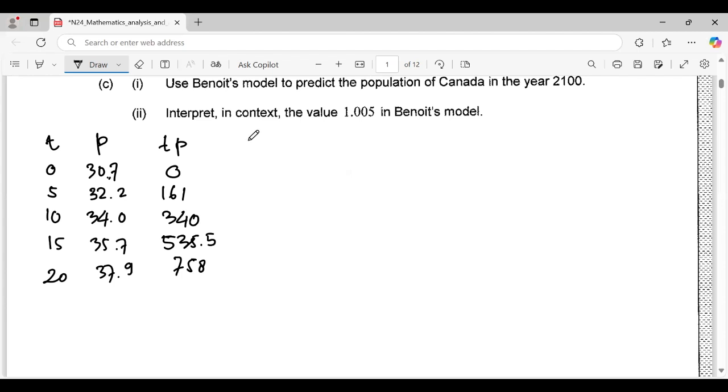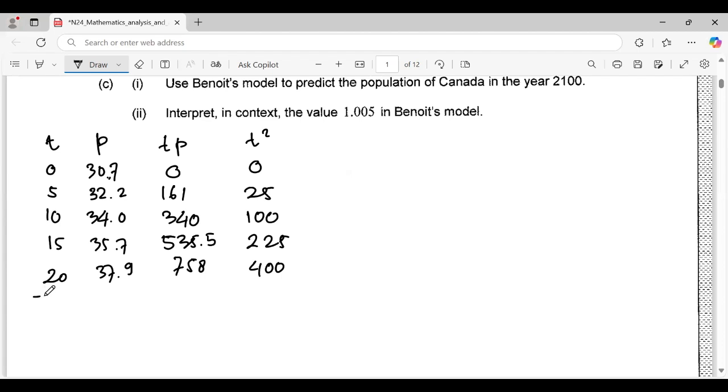And next T squared, of course 0, 25, 100, 225, 400.